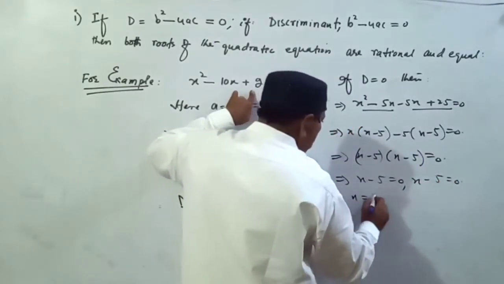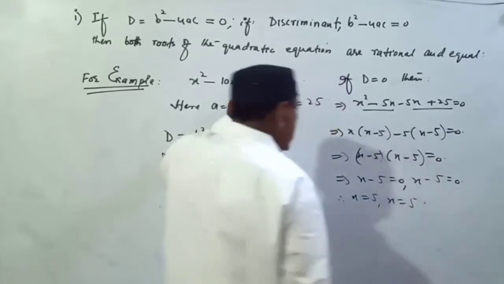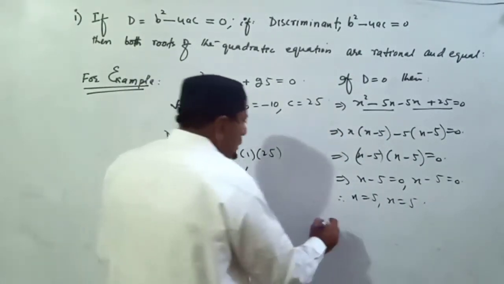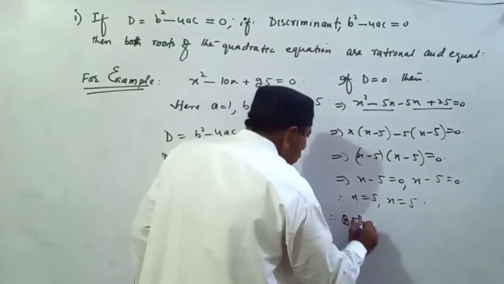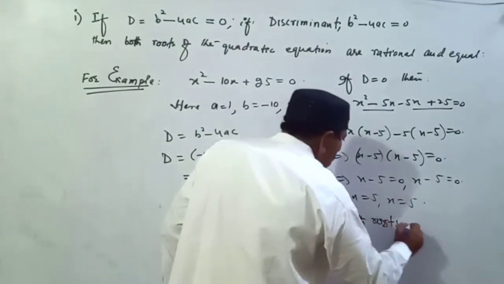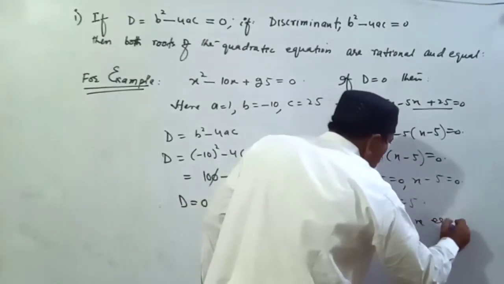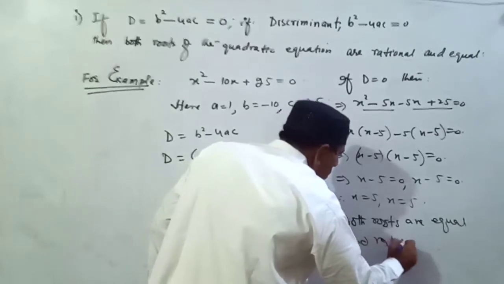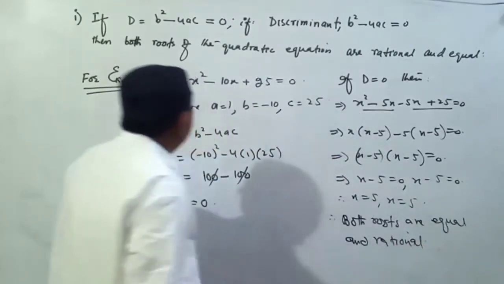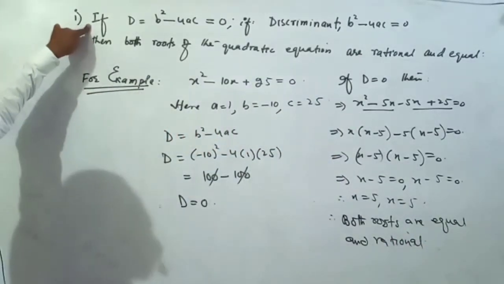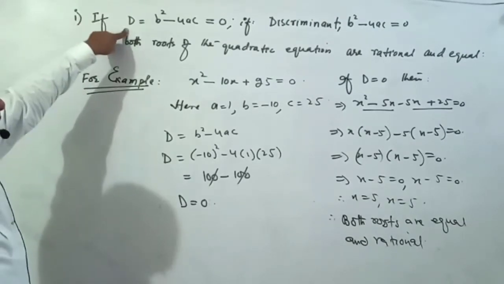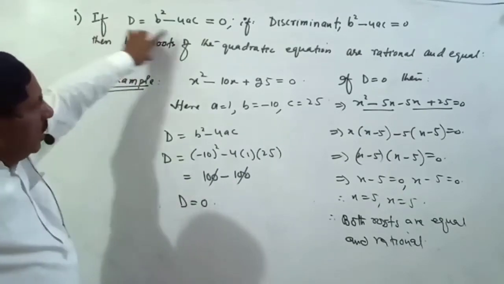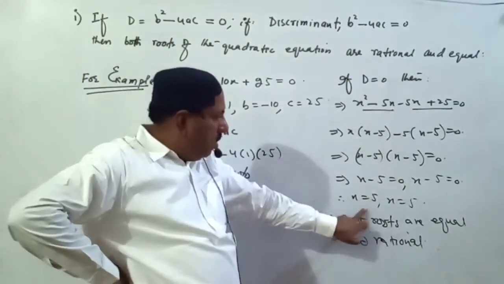X is equal to 5 and x is equal to 5. Both roots are rational and equal. Therefore, number one condition is if discriminant is equal to 0, then both roots of the quadratic equation are rational and equal.